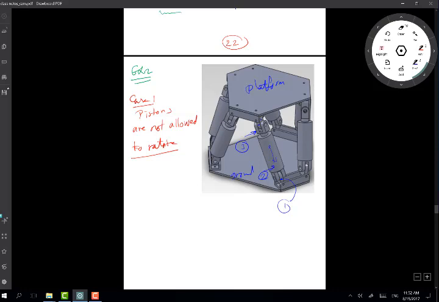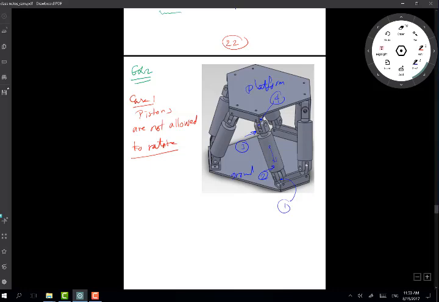So this link here is link number 4, and it's allowed to swing, exactly like link number 1, which is allowed to swing right and left. So I have 4 links per leg, plus a ground, plus a platform.